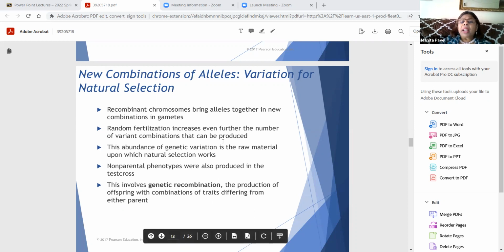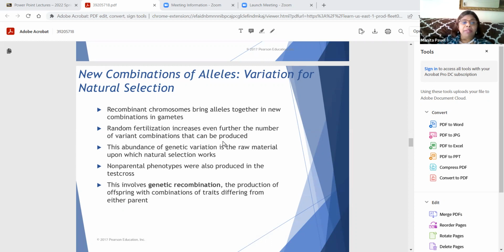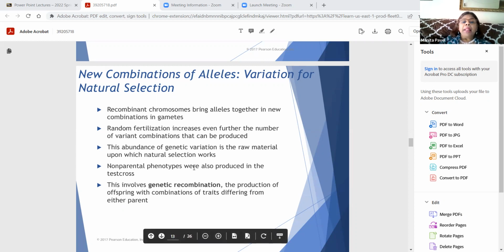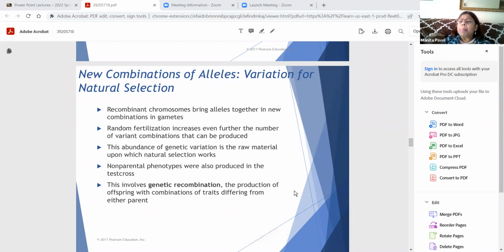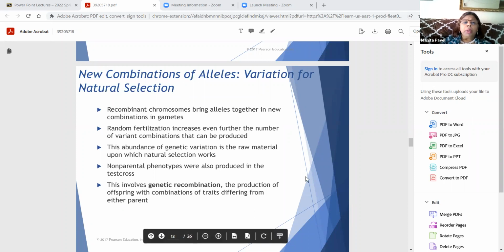So random fertilization is also increasing the number of different variations that can be produced. And this abundance of genetic information is the raw material on which natural selection is going to work.